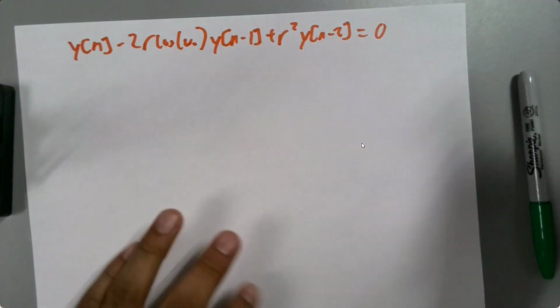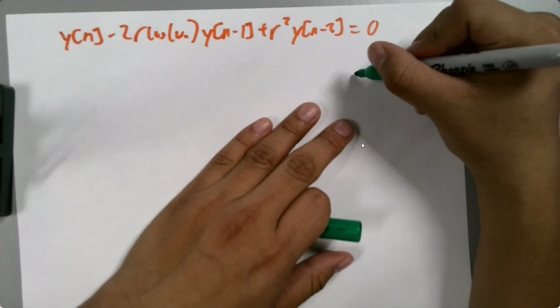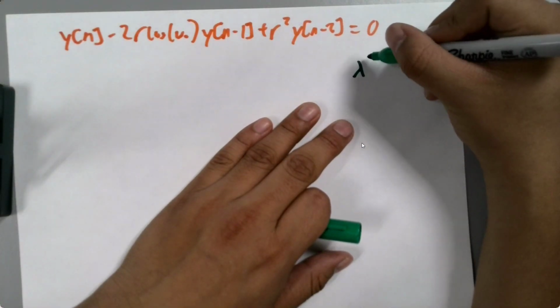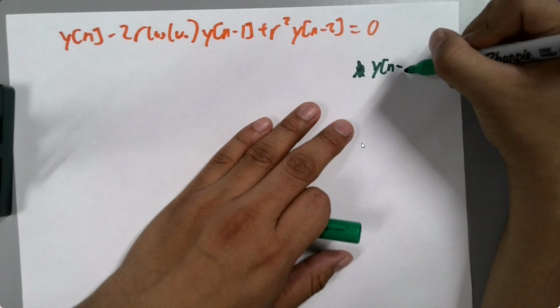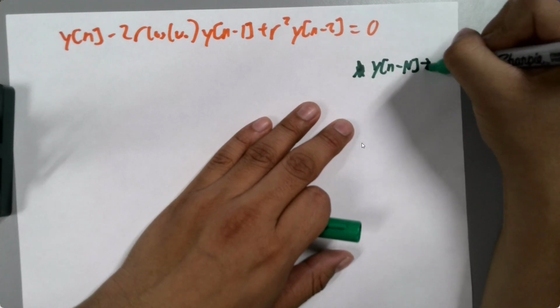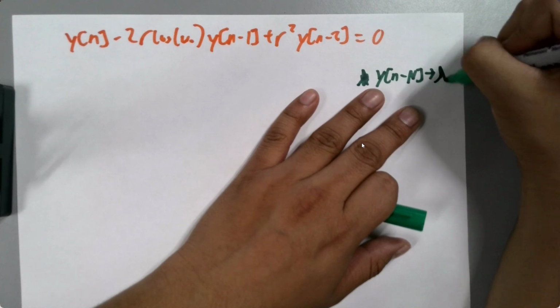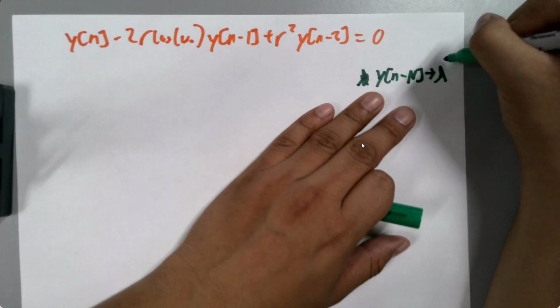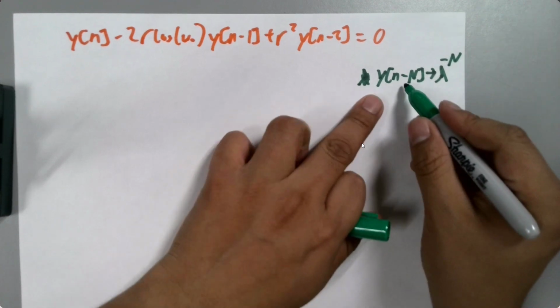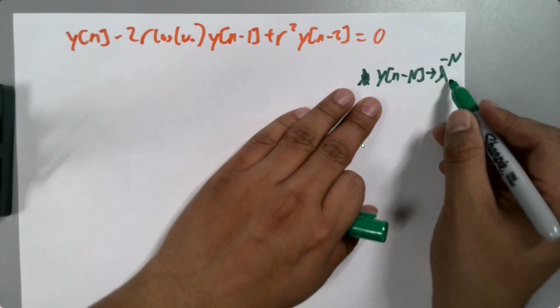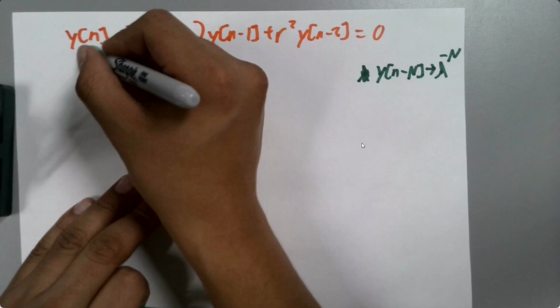Because someone doesn't want me to skip steps: y of n minus n, we're going to replace this with lambda to the minus n. Yes, minus n. We're going to replace all these y's with lambda.